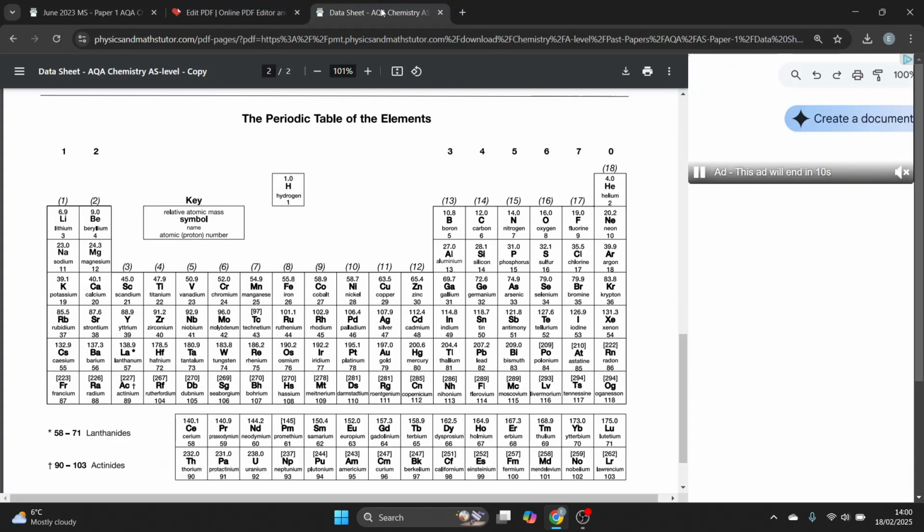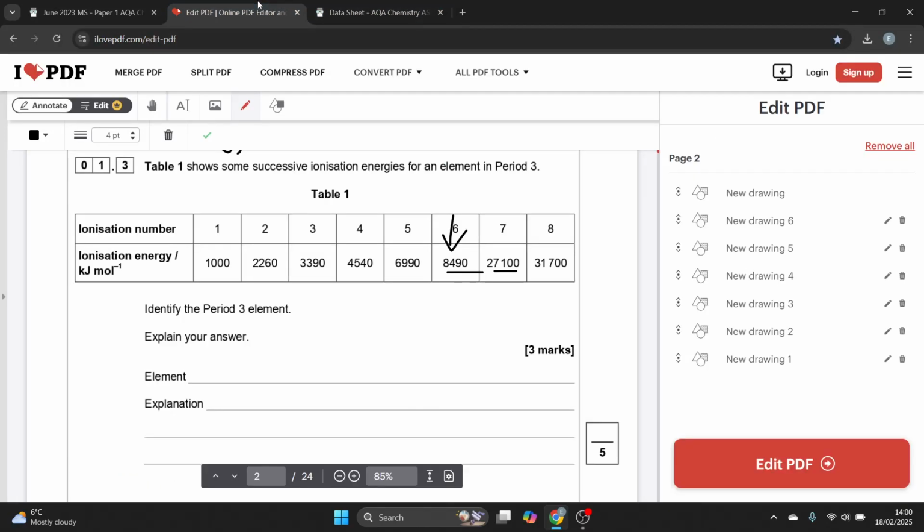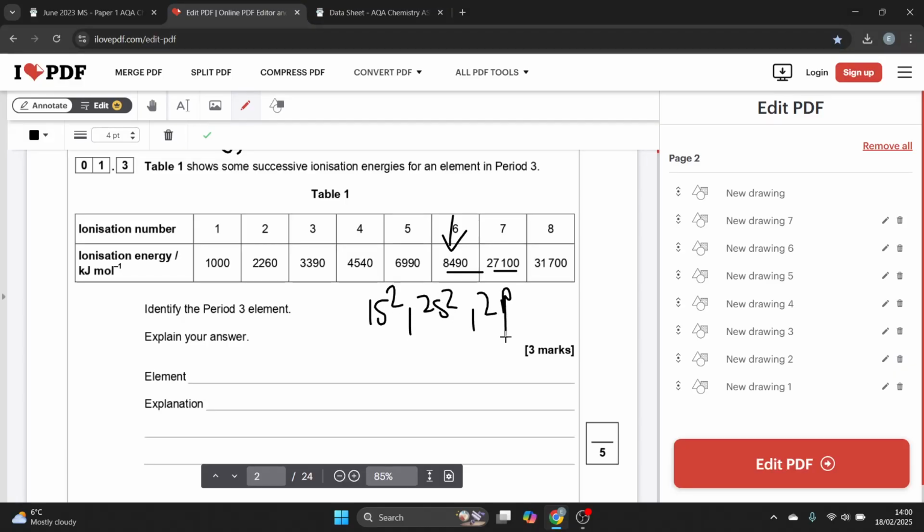Because if we draw out the structure of sulfur, 16 electrons, 1s2, 2s2, 2p6, 3s2, 3p4, 16. How's that enough? 4, 10, 12, 16, that's fine.